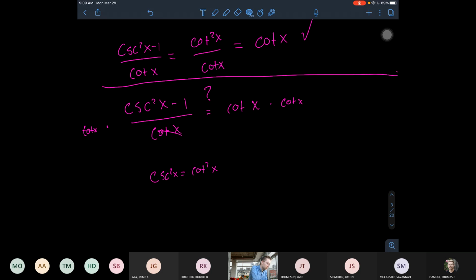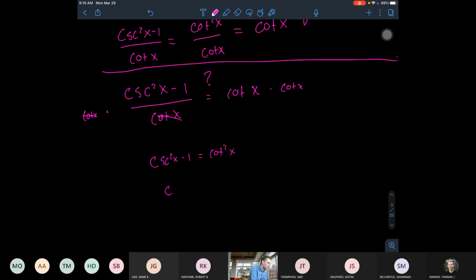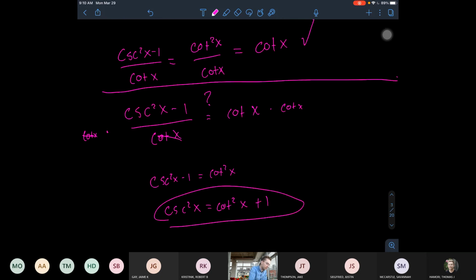Sorry, one of them should have had a minus 1. Then I'd add 1 to the other side, and this is exactly one of our Pythagorean identities.